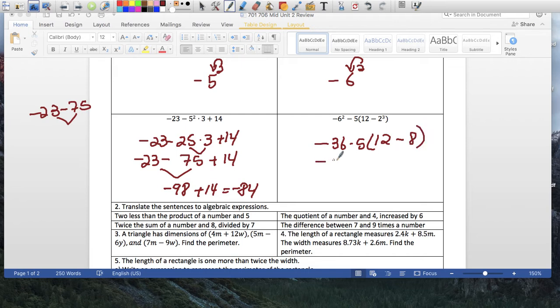Okay, and again, continuing. Oh, sorry, this is a minus sign here. Minus 36 minus 5 times the difference of these two numbers, and 12 minus 8 is 4. I can continue. Minus 36, and times this will be 5 times 4 is 20. And if you finally subtract those two numbers, you get negative 56.